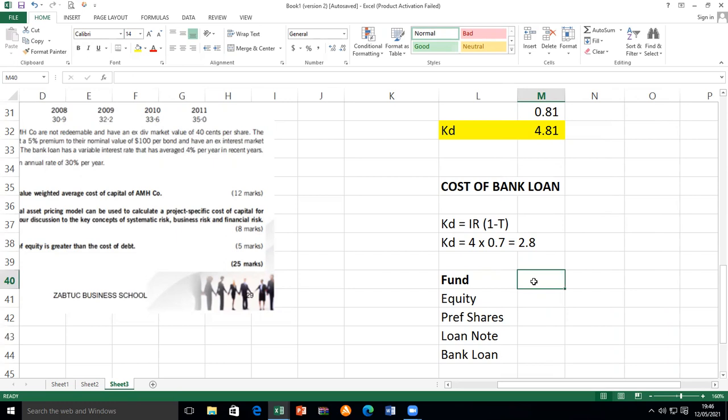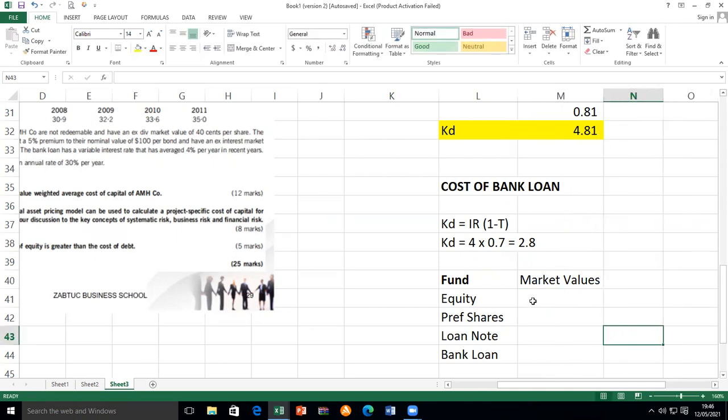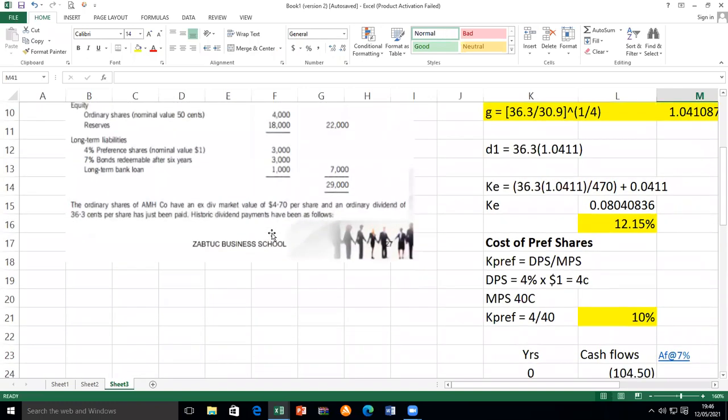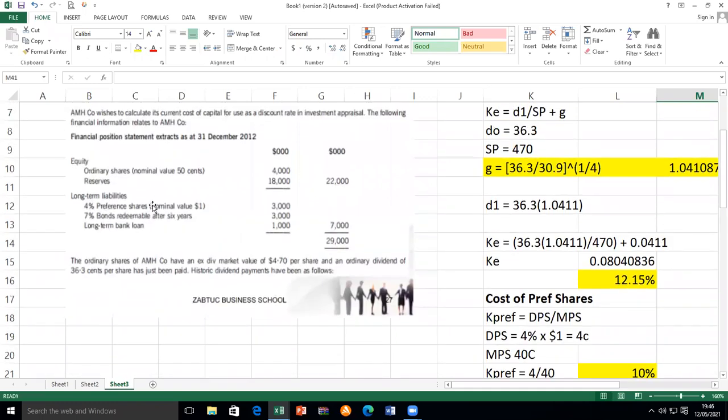Let's put in the market values. What are the market values? We start with equity, 4.7. Shares, 50 cents each. So each share, nominal value is 50 cents.